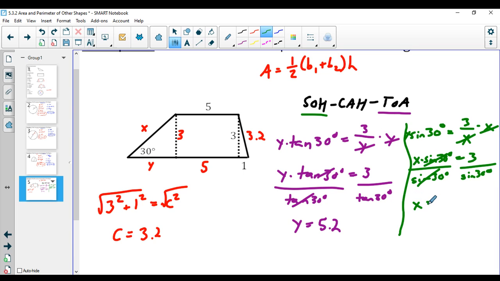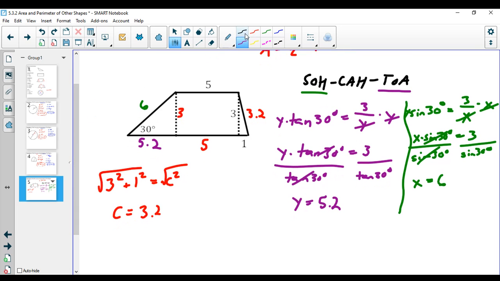And we get x equals 6. So I can replace x here with 6, and I can replace y here with 5.2, and now I have everything I need.